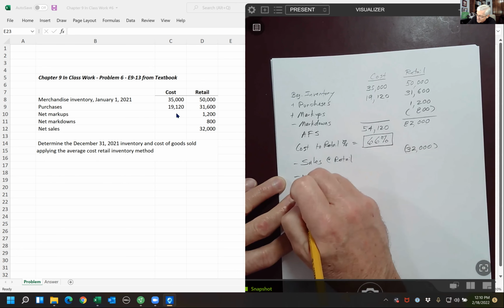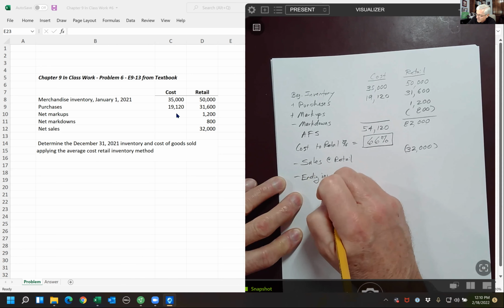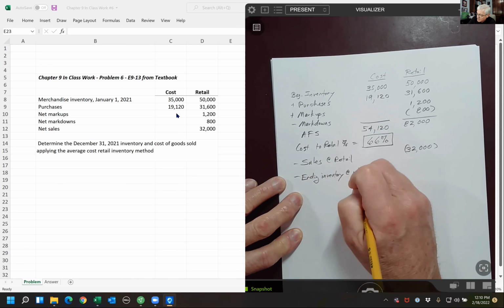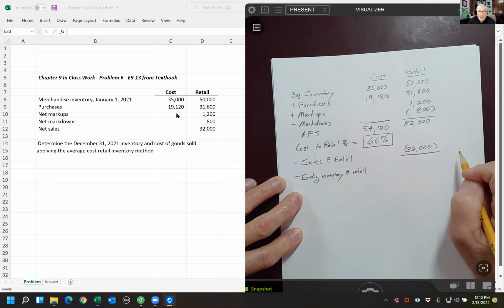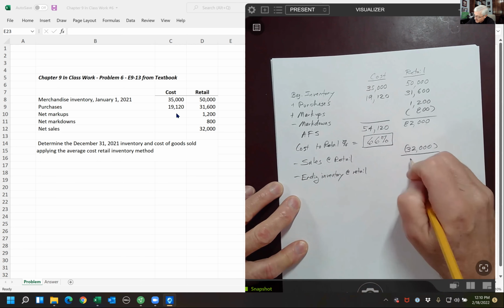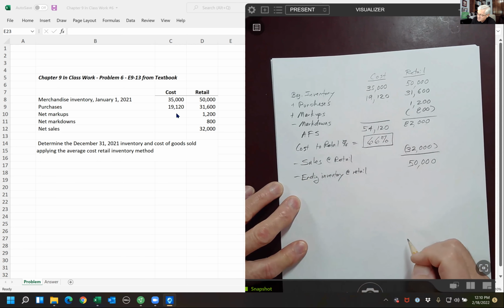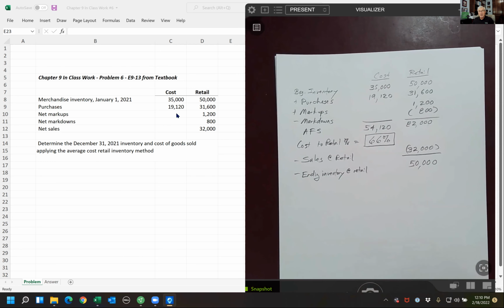And so ending inventory at retail equals 82,000 minus 32,000, 50,000.